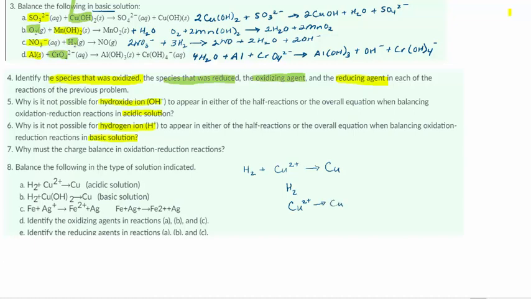But remember, we balance our hydrogens by adding hydrogen ions, so it'll work out. Now we need to balance our charges, and then we will have our overall reaction. So on the reactant side, we would have our copper cation, our hydrogen, elemental hydrogen. We would form 2 hydrogen ions and solid copper.